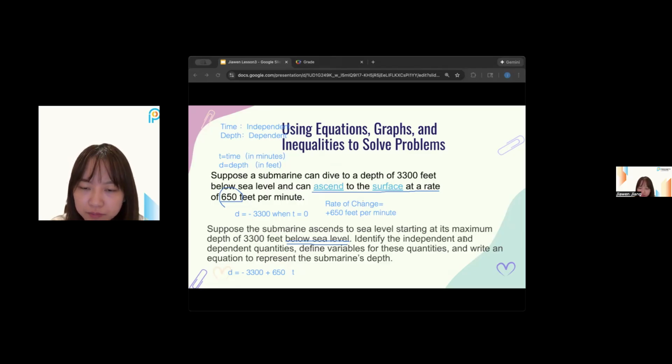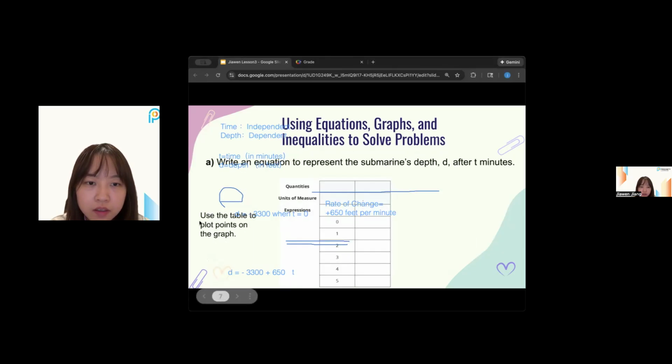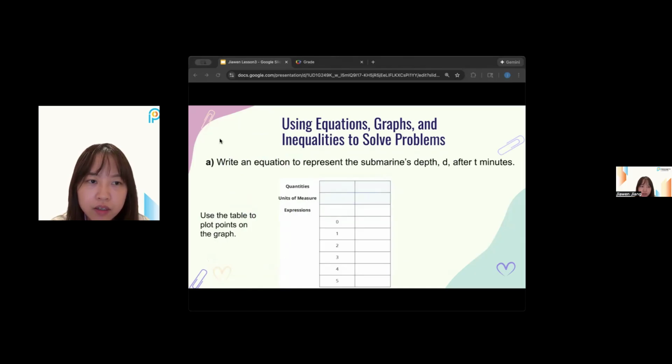Okay, now let's test our equation using a table. So remember our equation is D equals minus 3,300 plus 650t.